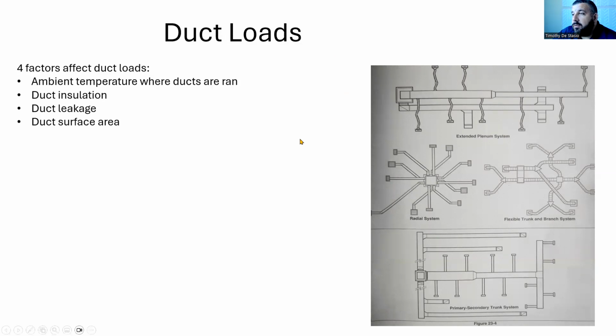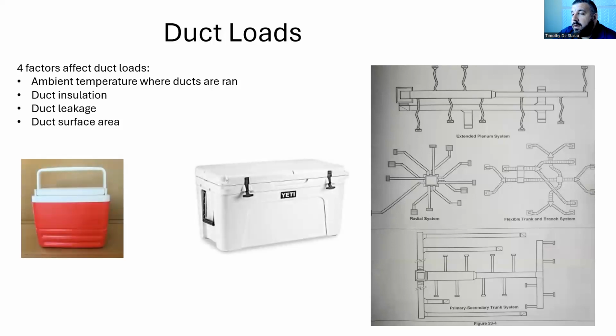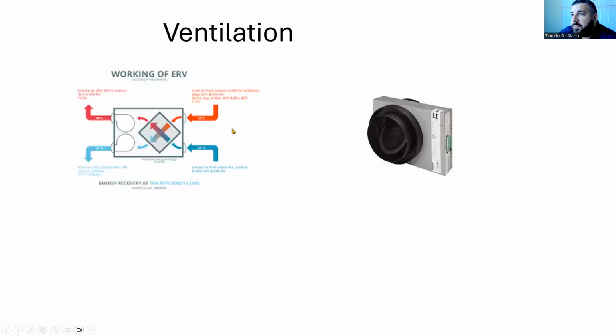But again, those are probably more minor, but you do want to pay attention to what kind of duct system, because those are inputs into your Manual J software. Just like a cooler, ducts that are leaky and not well insulated are going to allow a lot more heat to transfer than tight, well insulated ducts.